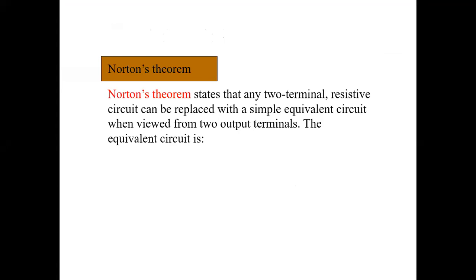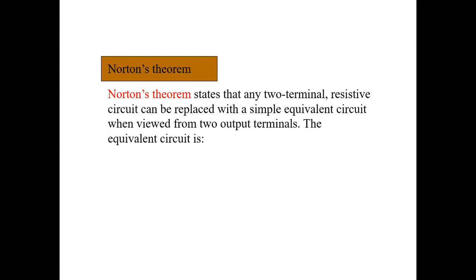Then the next theorem that we have to study is Norton's theorem. In the previous theorem, we took any given circuit having a number of current sources and voltage sources and converted it into a simple circuit containing only a voltage source and a resistance connected in series with each other.